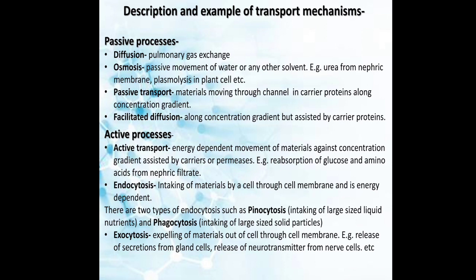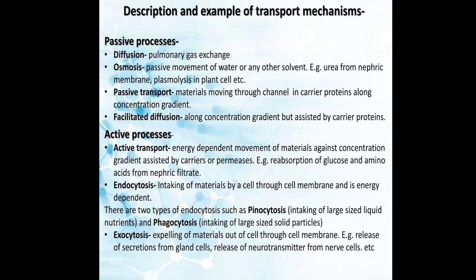This process requires the expenditure of cellular energy to move the molecule against the concentration gradient. It also involves the use of protein carrier to transfer a specific substance across the membrane but against its concentration gradient. For example, reabsorption of glucose and amino acid from nephric filtrate.